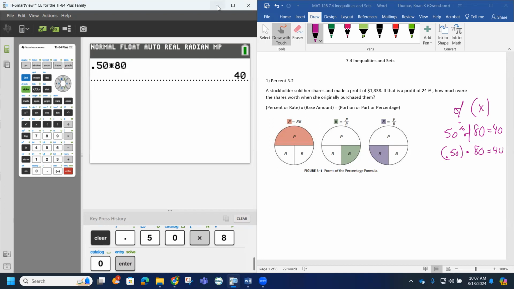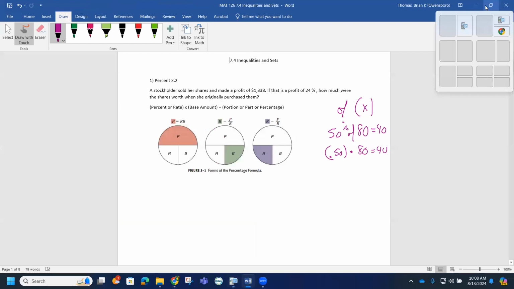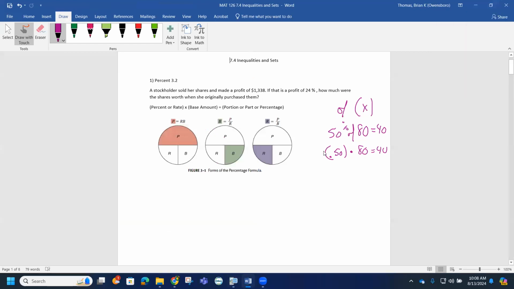Some things we need to pick up on are the relationships here. Notice that you always take a percent of the whole amount, also called the base amount. And that's always going to give you the portion that you may be getting or you may have to be paying, depending on the question.